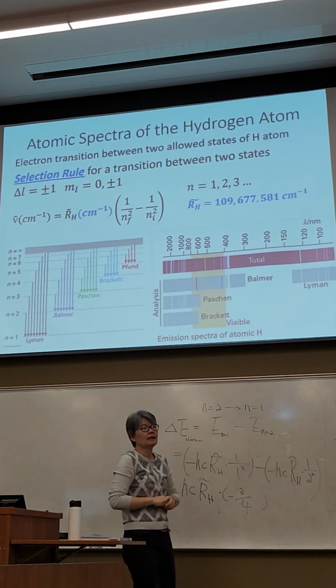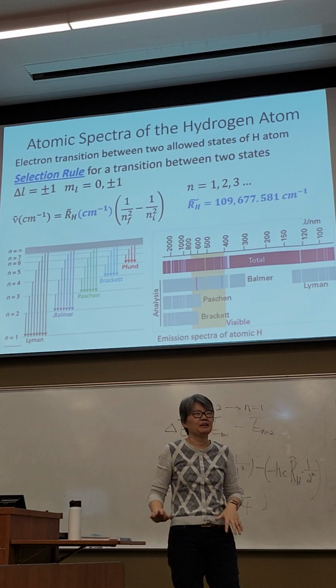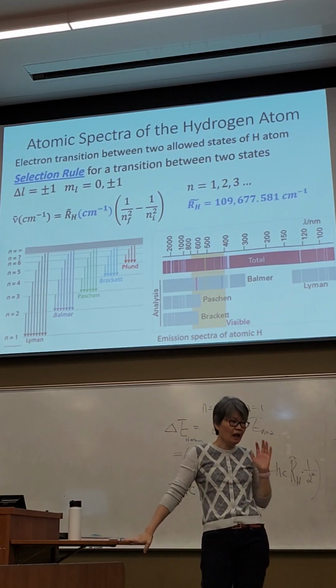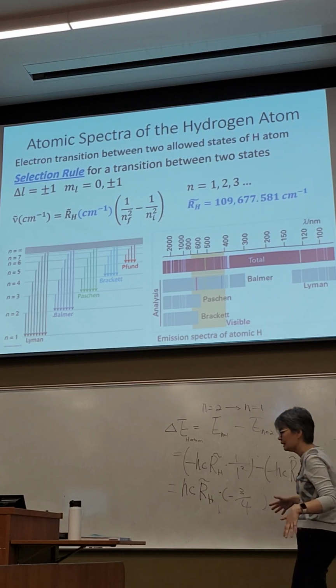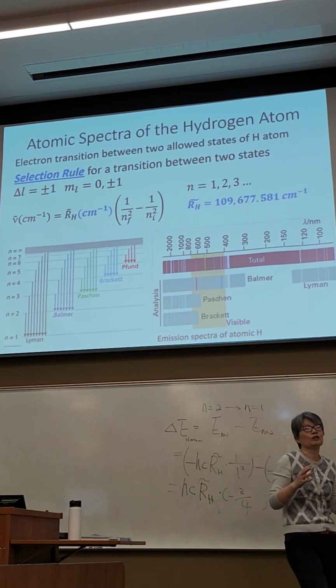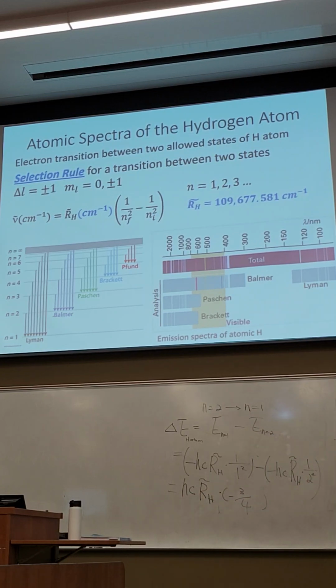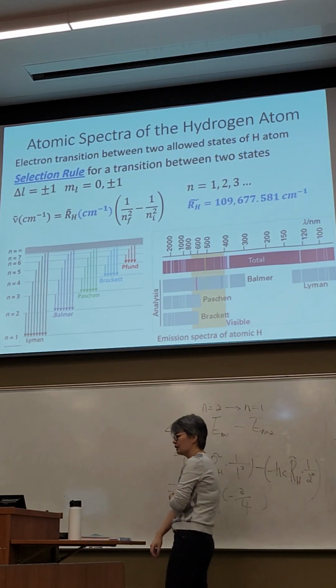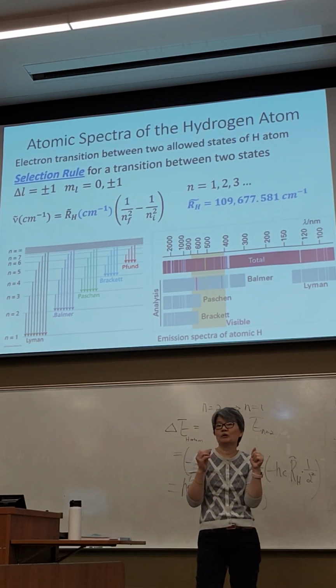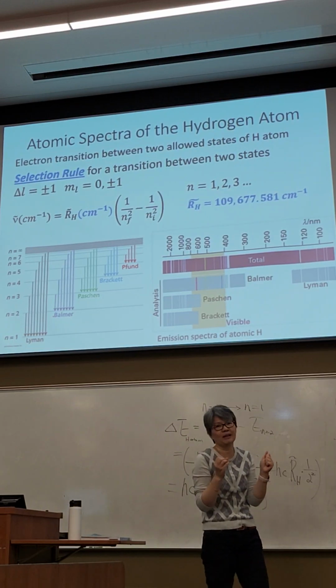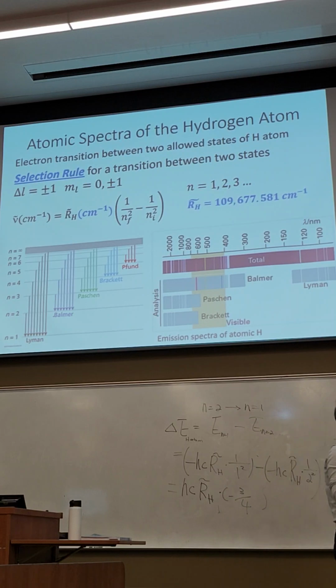Now, if we look at hydrogen emission spectroscopy, atomic spectroscopy, we can talk about spectroscopy in terms of absorbing light or releasing light, which we separate into absorption or emission. We can also talk about spectroscopy in terms of whether it relates to the atom or the molecule: atomic spectroscopy or molecular spectroscopy.